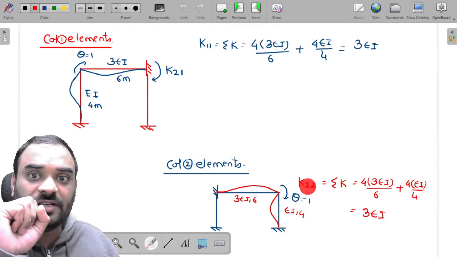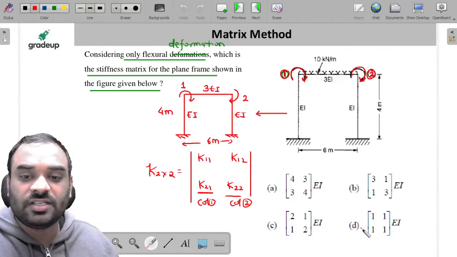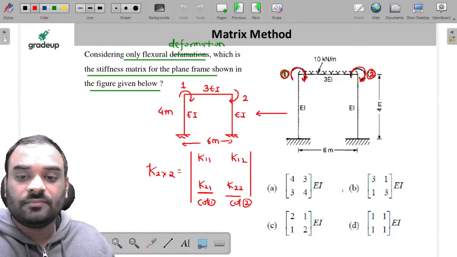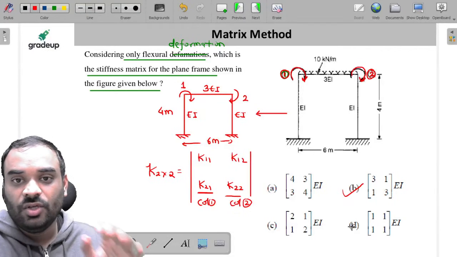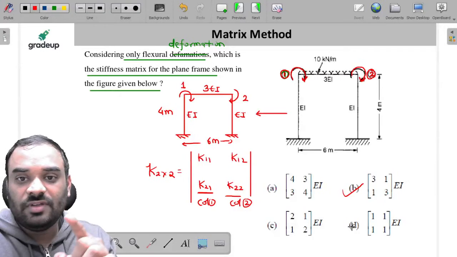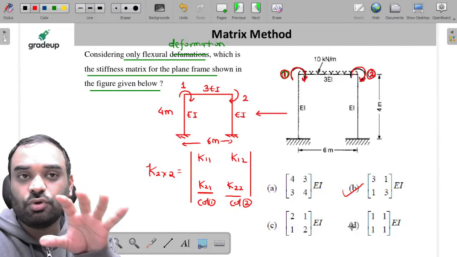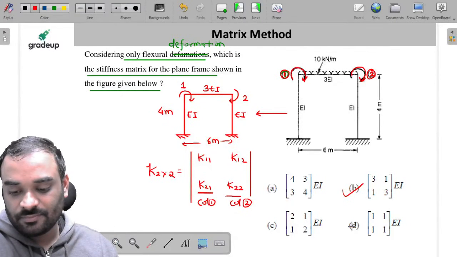These are diagonal elements, and the diagonal elements are 3EI and 3EI. Just check it, guys. B is the correct answer. Without solving the diagonally opposite element, we are getting the answer, my dear friends, because this is an objective problem, and we have to use the shortest manner to get the correct answer.